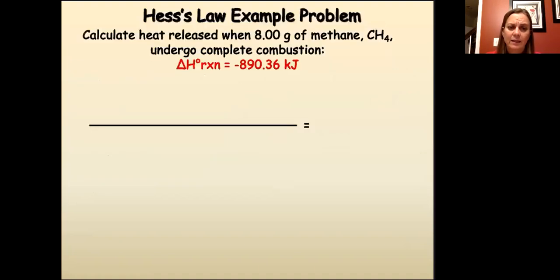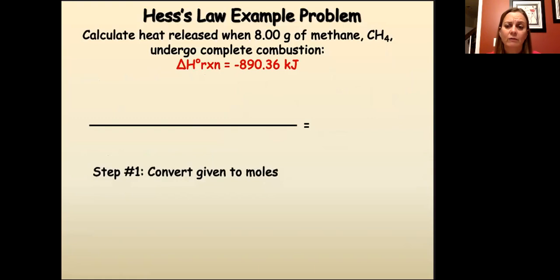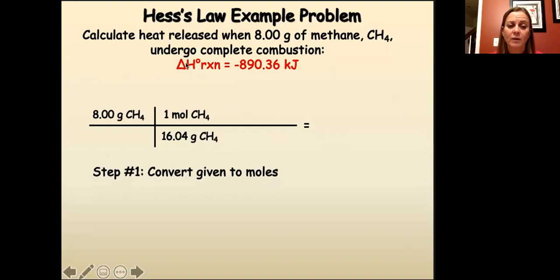So in this case, we're being asked to calculate the heat that is released when 8 grams of methane undergo complete combustion. So the first thing we're going to do is convert the information that's given into moles. So we know that 8 grams of methane, we're going to use the molar mass of methane to convert that to moles of methane. Then we also know that the enthalpy of the reaction is negative 890.36 kilojoules.